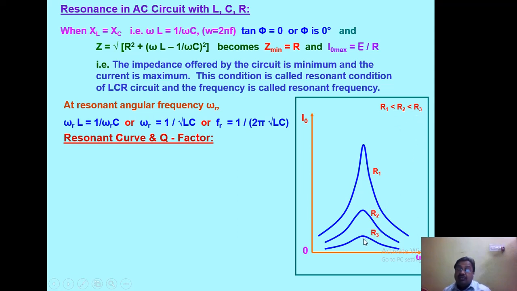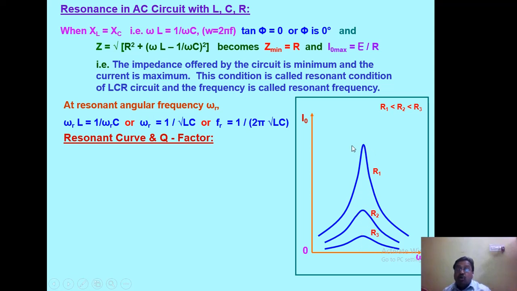For more resistance, the peak becomes flat. Here it is less flat, meaning more sharp. For low resistance, generally the curve is a sharp one, whereas for other cases you see what the nature of the curve is.